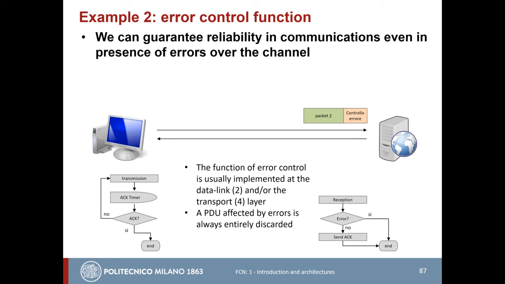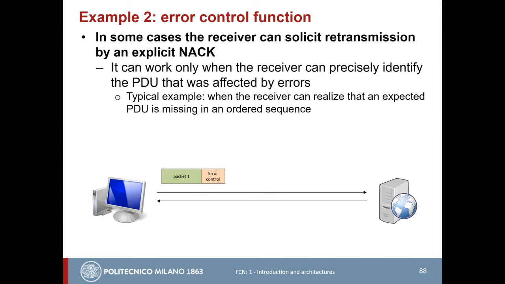Here you see the simple block diagrams that implement the two functions in the receiver and the sender. The negative acknowledgement method is also possible. When you check that the packet has no errors, you send an ACK.